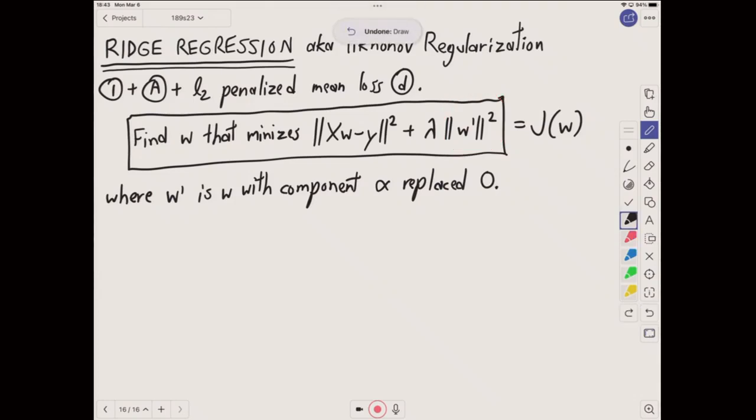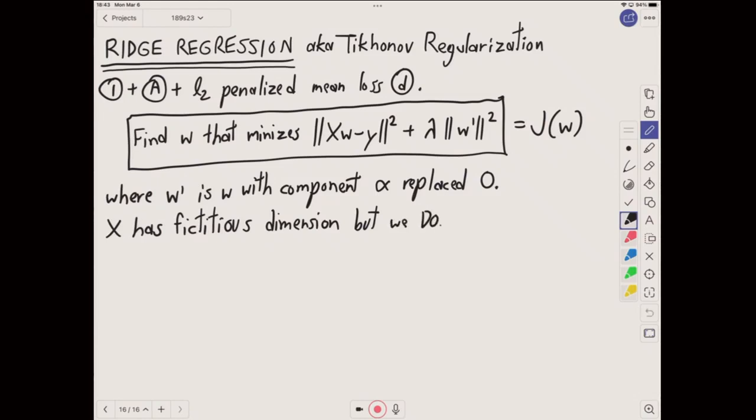So a reminder that we are using the fictitious dimension here. We usually use it when we do regression problems so that our hypothesis doesn't have to be 0 at the origin. But although we want to penalize most of the weights, we usually don't want to penalize the bias term. I mean, you can if you want to, but it doesn't necessarily make sense to do so.